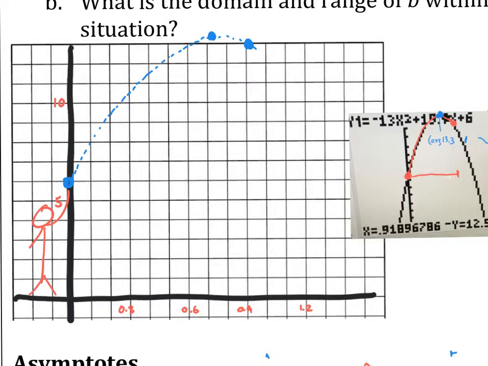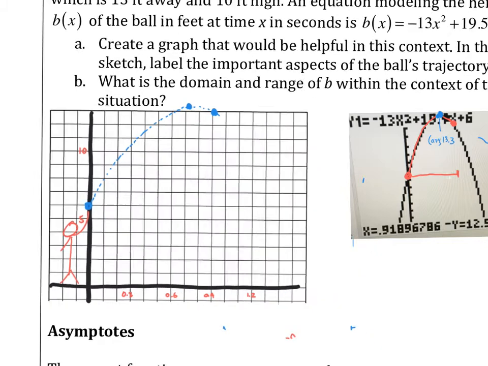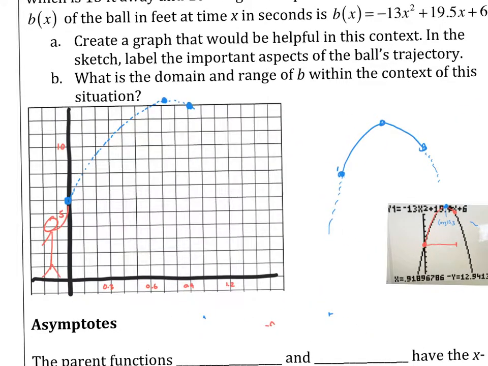So when we now take this question and say, well, what is my range, what is my domain, etc., notice that I have limitations. My domain does not go back in time because this is time. So I only have to talk about domain in terms of x, and in fact there's a lower limit and an upper limit. The lower limit is 0 because that's when the ball is in hand.